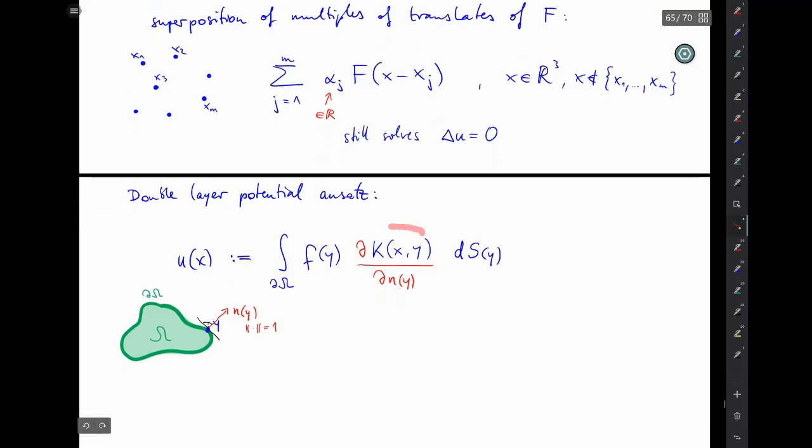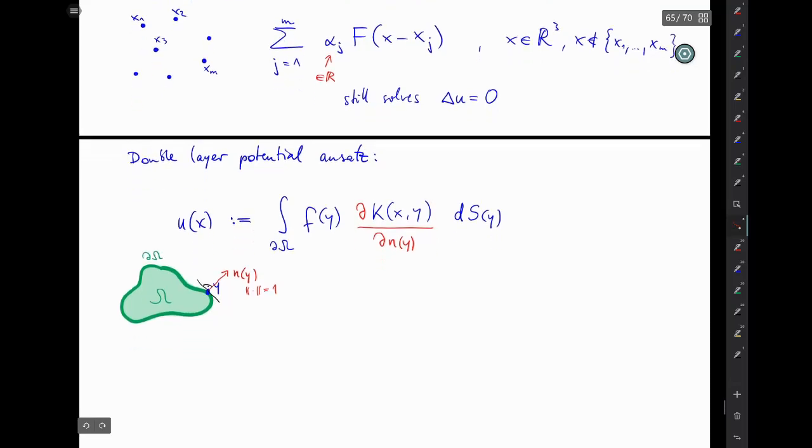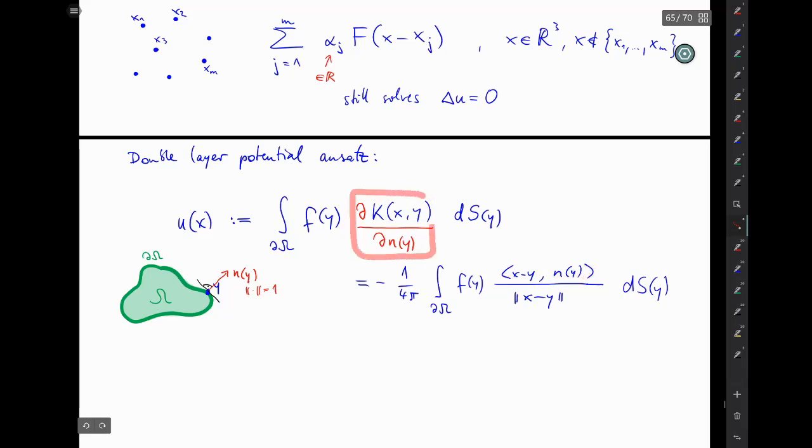And you can compute this partial derivative or this directional derivative explicitly and get the following, where this expression x minus y here comes from the gradient of the function k, and the scalar product with n of y comes from how you compute directional derivatives. Maybe you have to recall that one from your analysis too. Okay, and the minus 1 over 4 pi in front was already here in k.